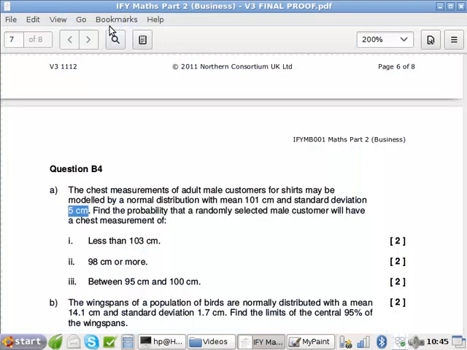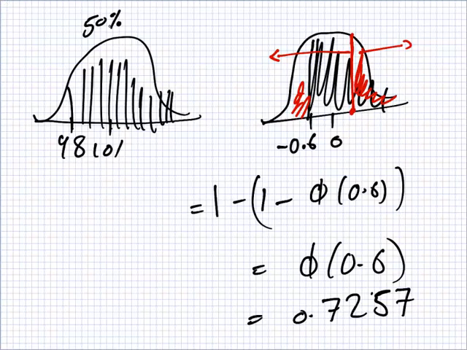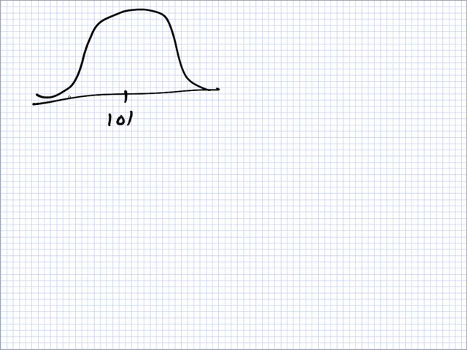Okay. And then between 95 and 100. So this one here, between 95 and 100, is actually symmetric. That's the same as between 102, because how far away is 100 from 101? 1.